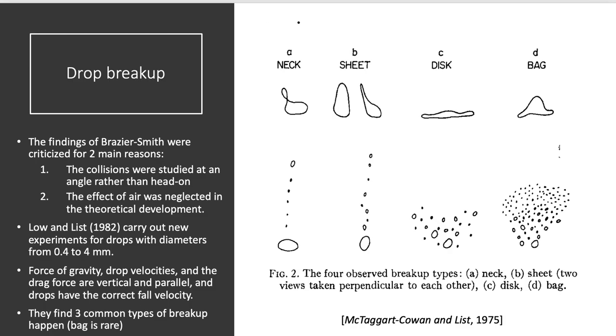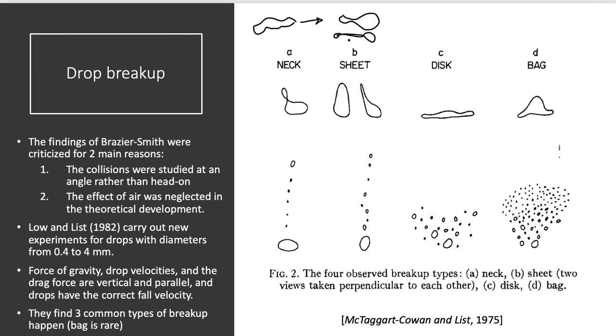Suppose that you have a droplet that is kind of deformed, and suppose that some oscillation is going through this droplet. You may end up with something like this for whatever reason. This creates a little neck here that becomes then elongated.